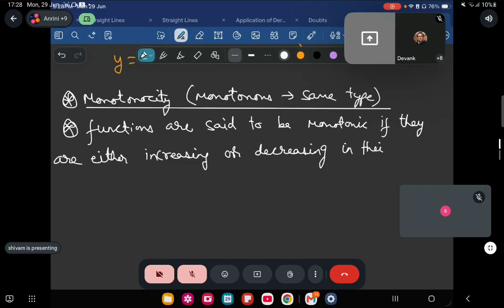The functions are monotonic if they are increasing or decreasing in their entire domain.